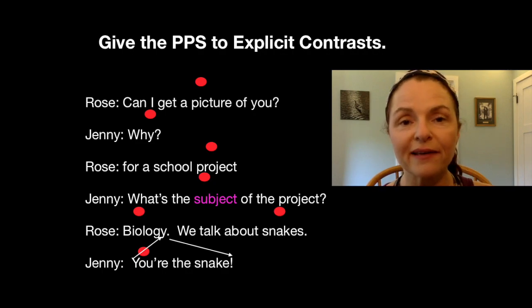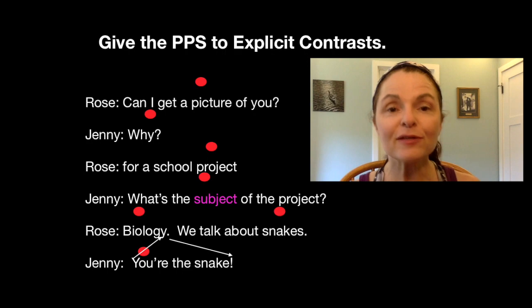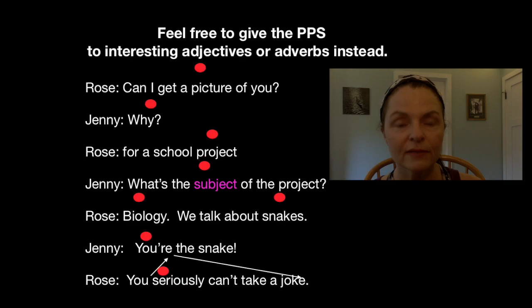You're the snake. Why is this an explicit contrast? Well, the first person said, we talk about snakes. And she was implying that the girl she's talking to is a snake. So then that girl replies, you're the snake. So the contrast is between you and me.